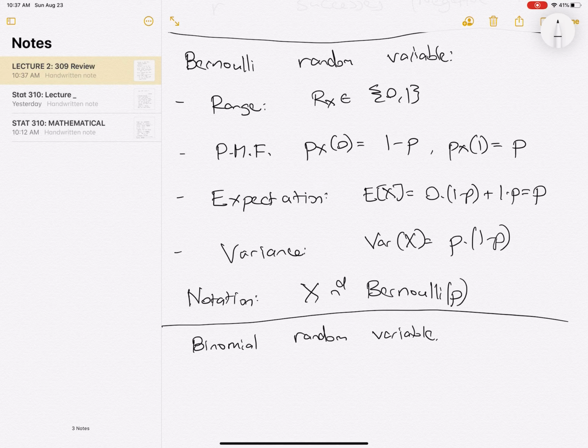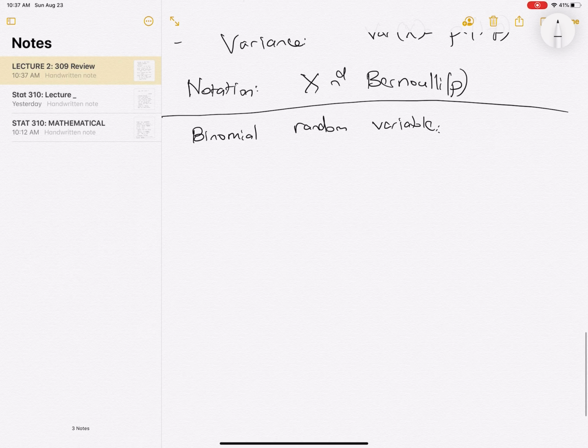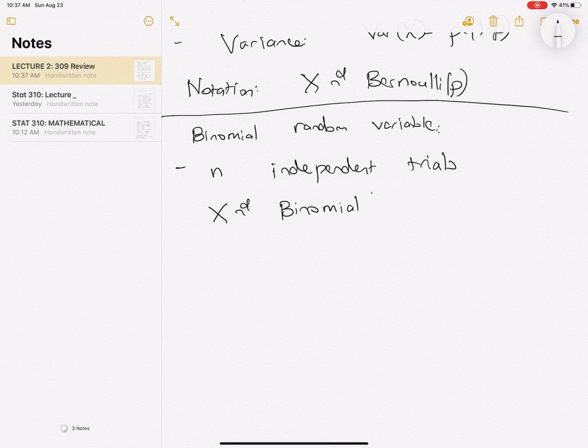So the next thing we're going to look at is the binomial random variable, which is just n independent trials. Each trial has a probability p of success, so we can use the notation X is binomial(n, p).